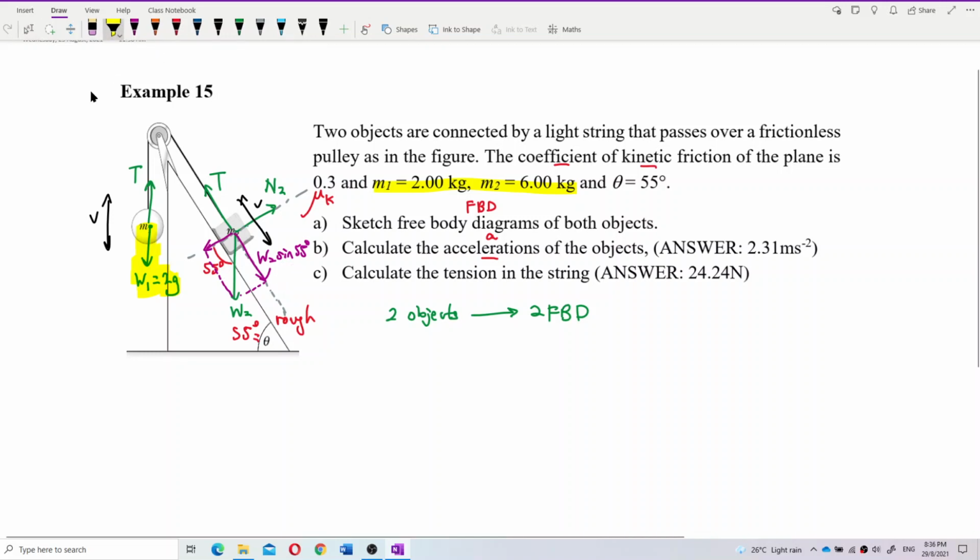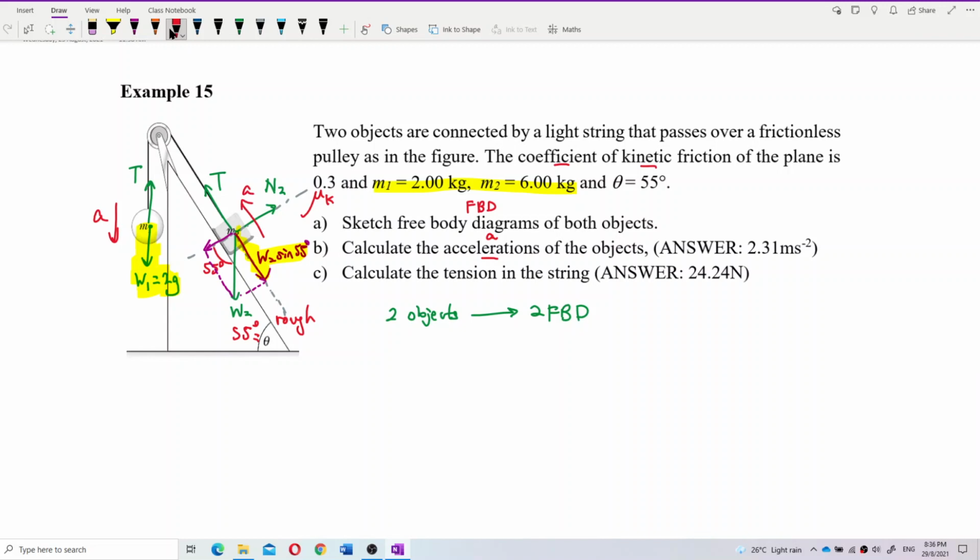We need to use this component, weight 2 sine 55, to compare with weight 1. See which one is bigger. So if weight 1 is bigger than weight 2 sine 55, then this one should fall down and this one should go up.